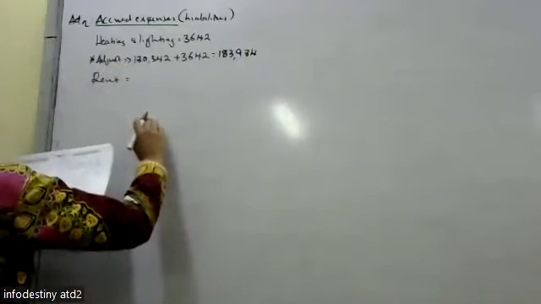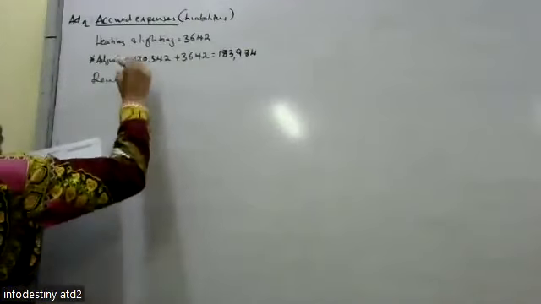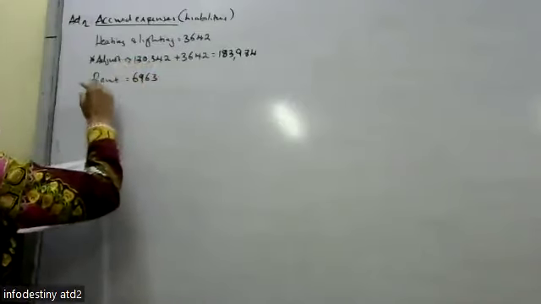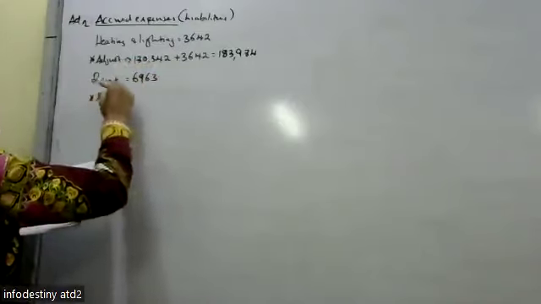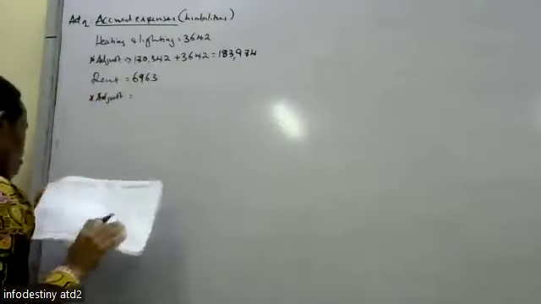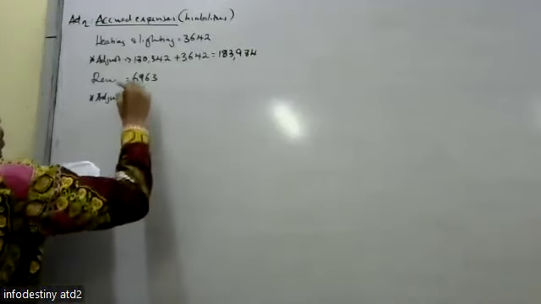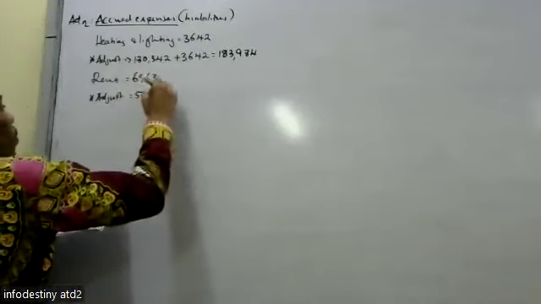The other one is rent. For rent, the accrued amount is 6963. Then we adjust rent. The amount for rent given under the trial balance is 570,144.